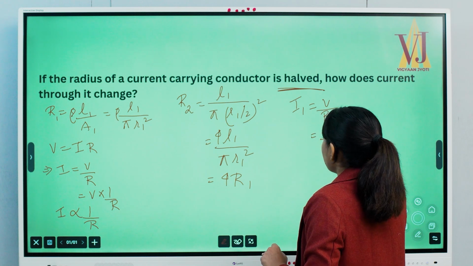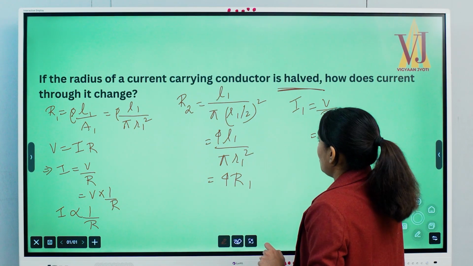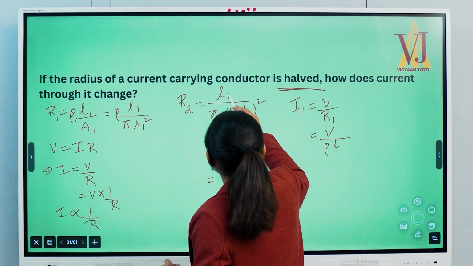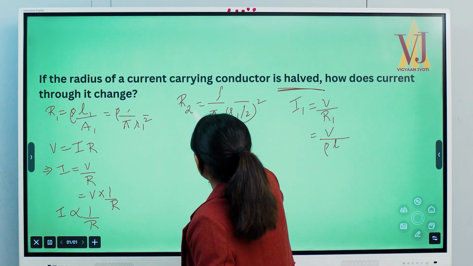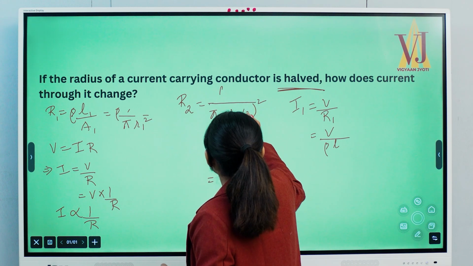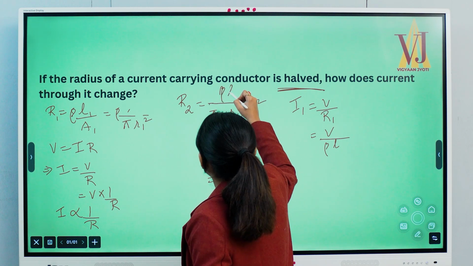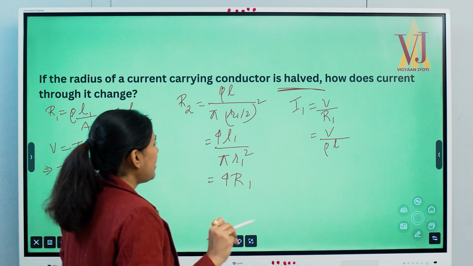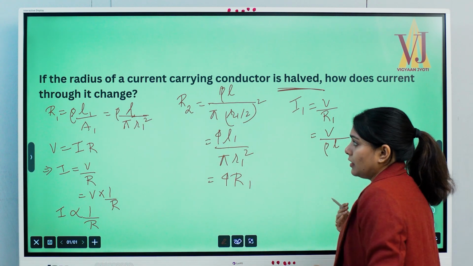That means V by rho L by pi R1 square. Since my length is the same, I will not write 1 here. Here also I will write rho L. Clear? No L1 because it will just create a bit of confusion.